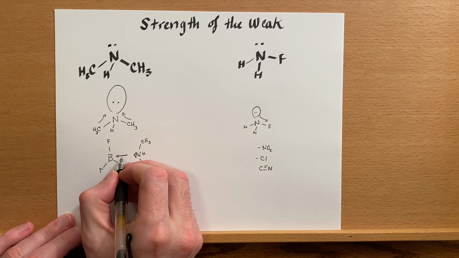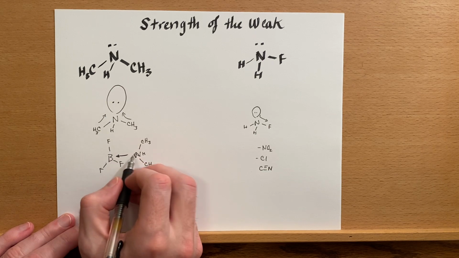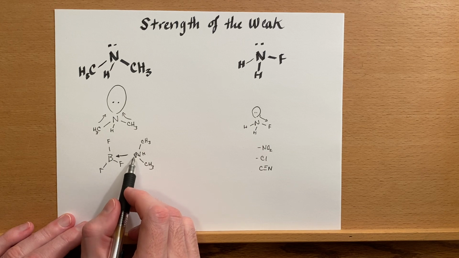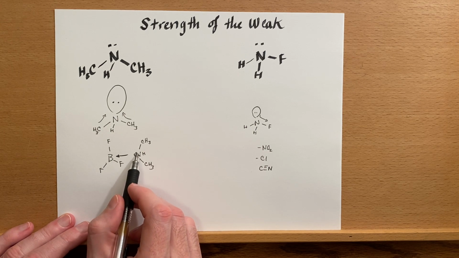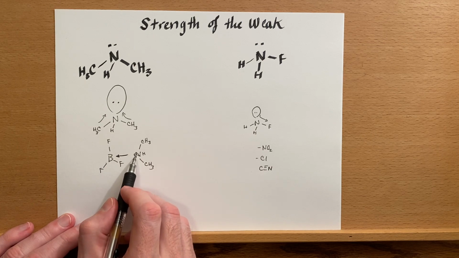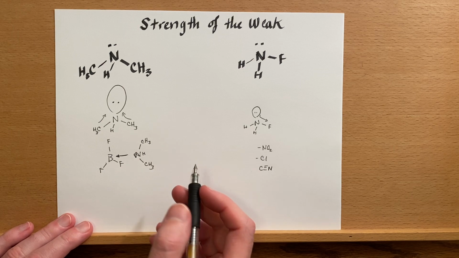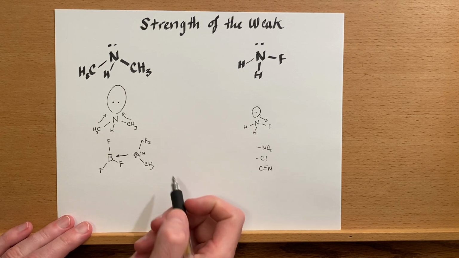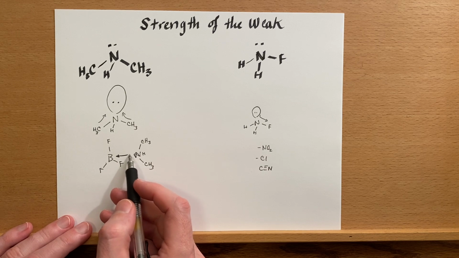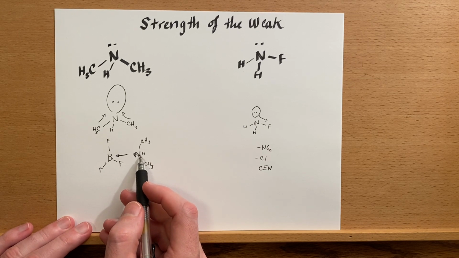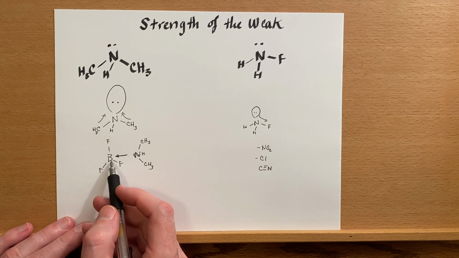Now, sometimes people will draw a little arrow here to indicate that both of the electrons for this bond in between the nitrogen and the boron came from the nitrogen. And that's called a coordinate covalent bond, which again is just another name for a bond that's being made between something that has donated both electrons towards the bond and something that's accepting both electrons.